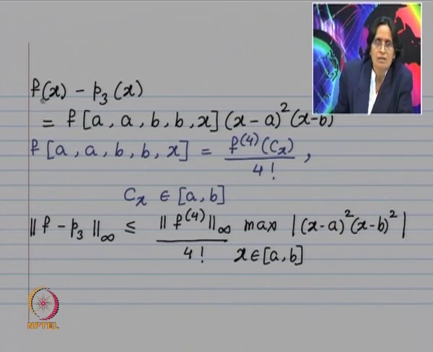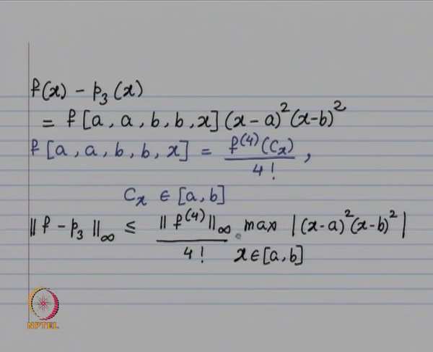Taking the modulus of both sides and the maximum over the interval [a, b], this will be less than or equal to the norm of f^(4) infinity divided by 4 factorial times the maximum of this function.